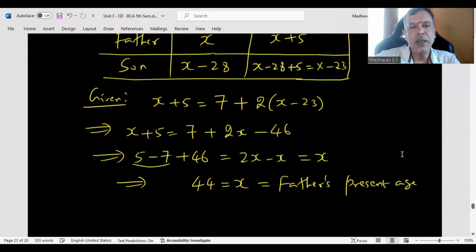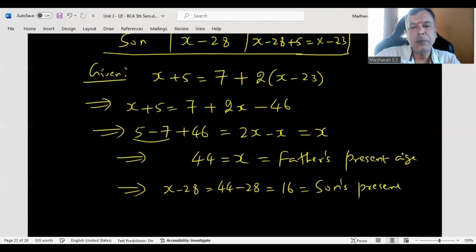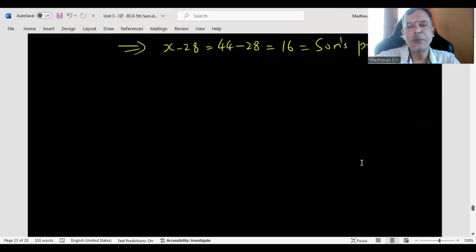So that means son's age will be x minus 28, which is 44 minus 28, that is 16. That is son's present age. So that is the solution for this question. Let us move on to the next one.